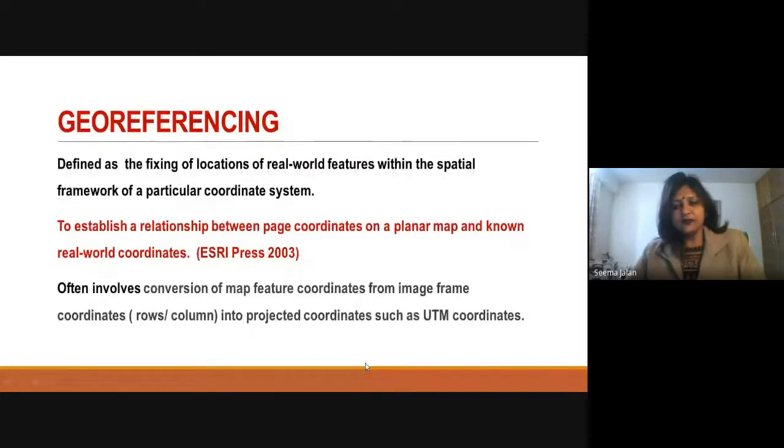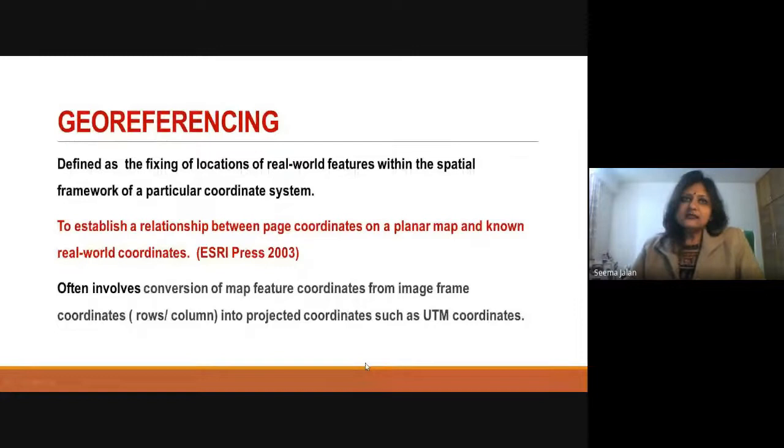It may be a point, line or polygon feature, and we want to overlay all these different layers. That is the problem we are talking about.